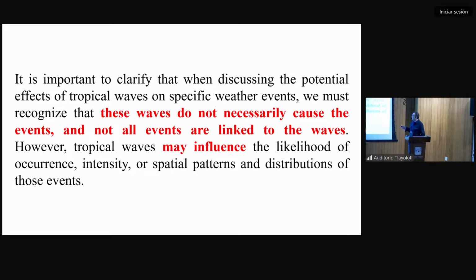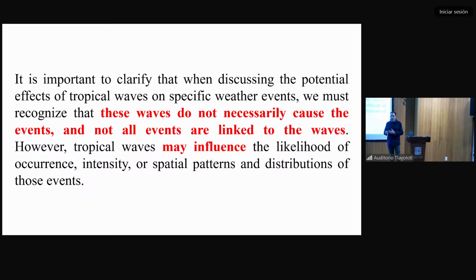And they are related in the sense that, for example, the Madden-Julian oscillation may not produce a certain weather event, but it might influence the likelihood of its occurrence, or its intensity, or its spatial patterns. It's something like with climate change. We cannot say that a certain hurricane is produced by climate change.